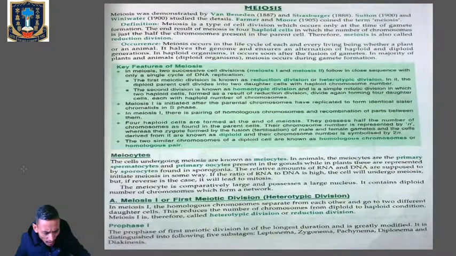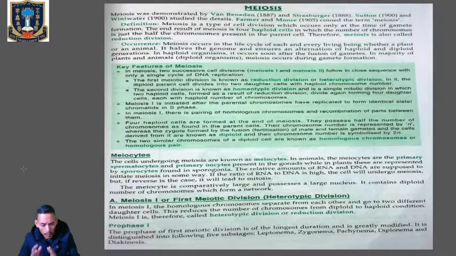Okay, so meiosis involves two sequential cycles of nuclear and cell division. That means we have got meiosis 1 and meiosis 2 cell division.